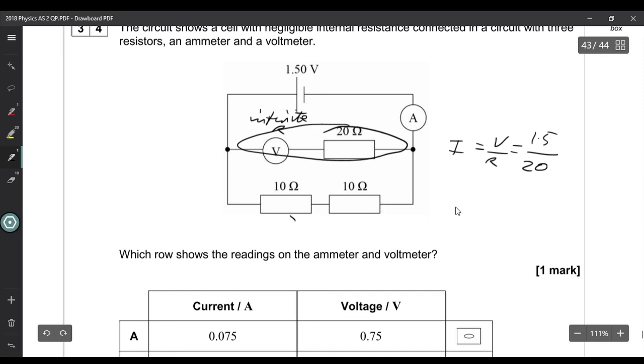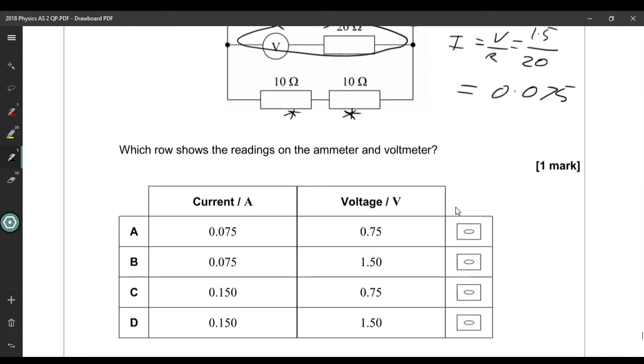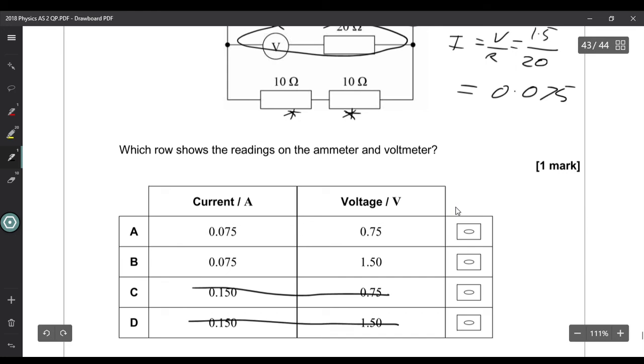So we're just taking into account these two resistors in series here because there's no current going to be running through this middle branch. So that's going to be 0.075 amps. So if we look at the options, we can discard C and D, and we know that the potential difference is going to be the same across each loop, which is 1.5 volts. So our answer to this one is going to be B.